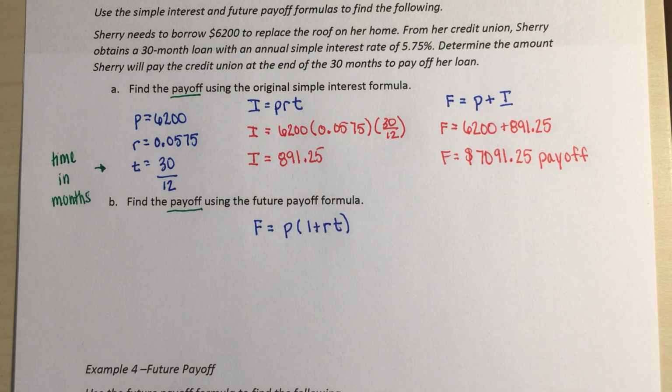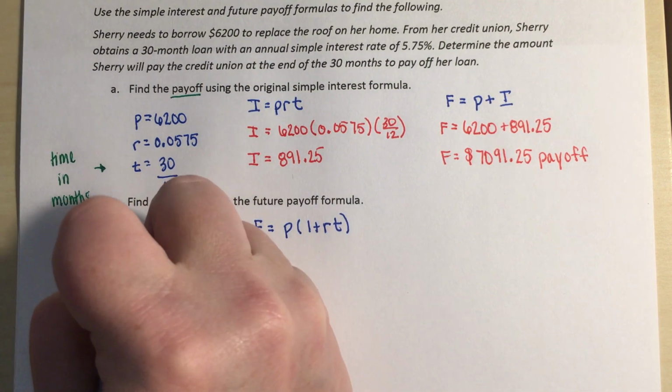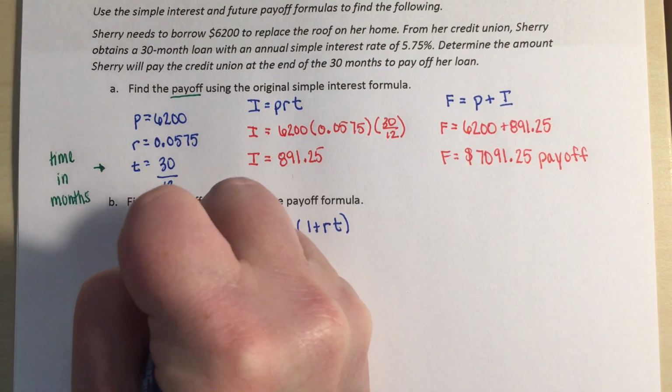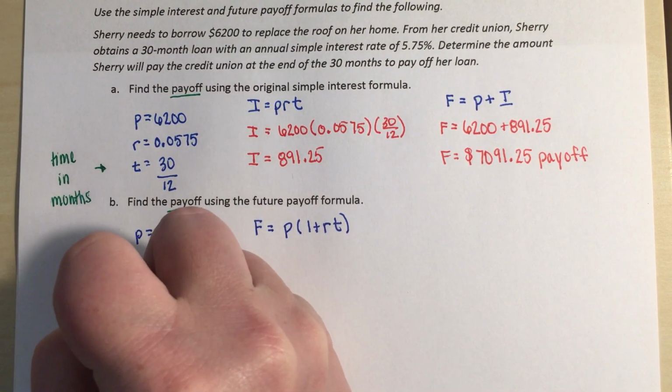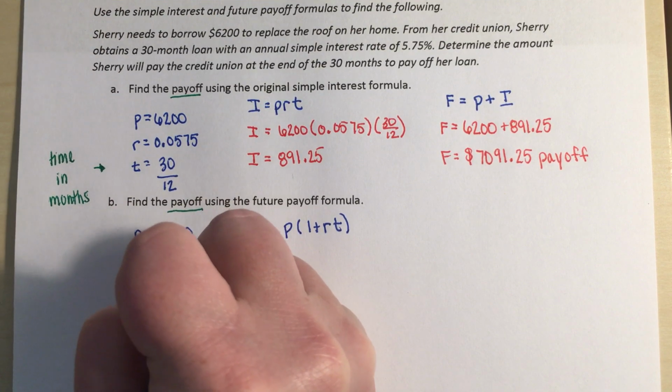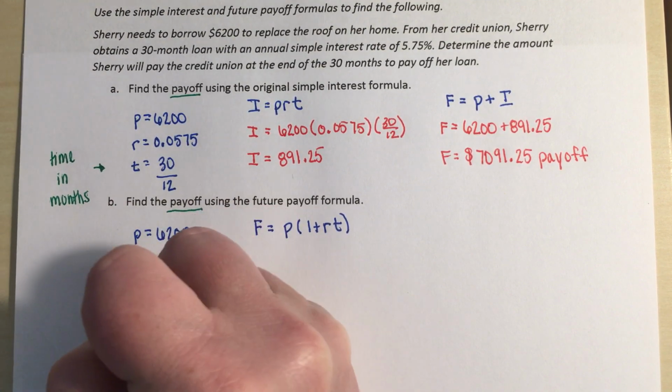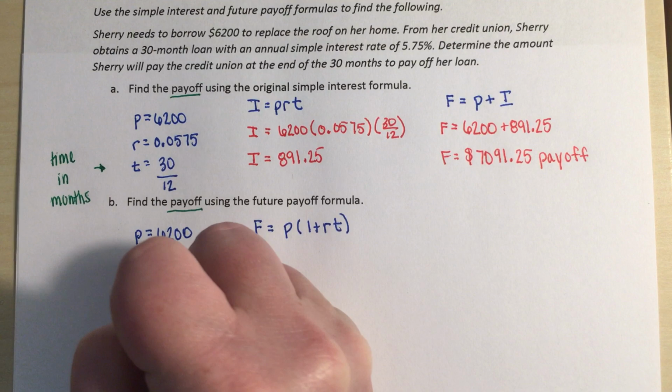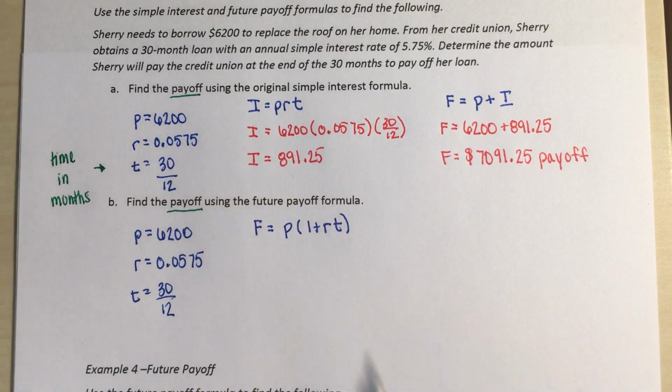It's just going to work through a little bit differently. So our P is still 6,200, our R is still 0.0575, and our T is still 30 over 12. Again, we can just leave it as a fraction as we're going through.